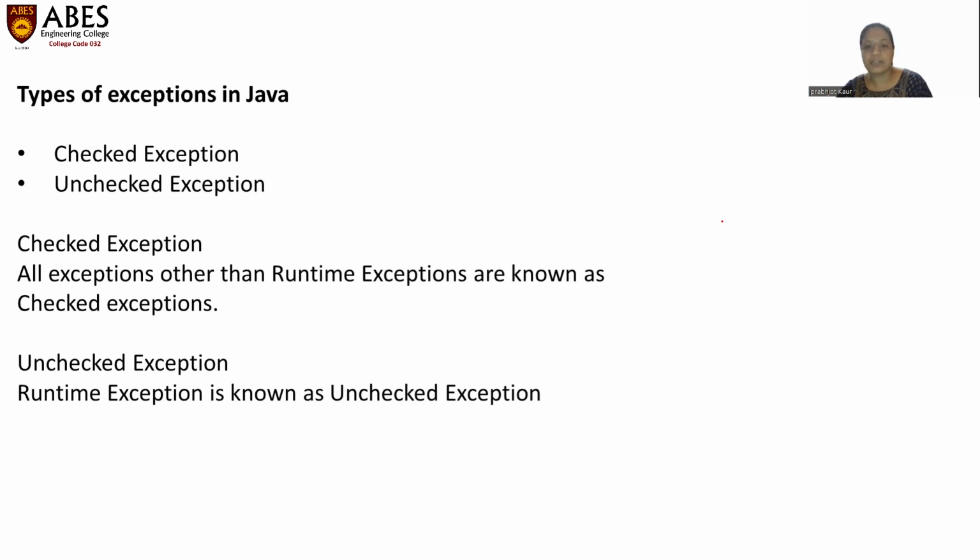If there is no method written in the program to handle the exception, then the compiler will throw an error message. Some examples of checked exceptions are SQL exception, IO exception, class not found exception. These are the checked exceptions.